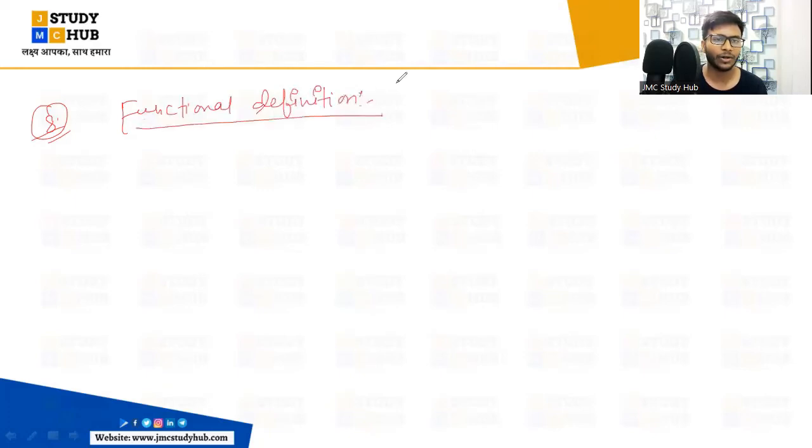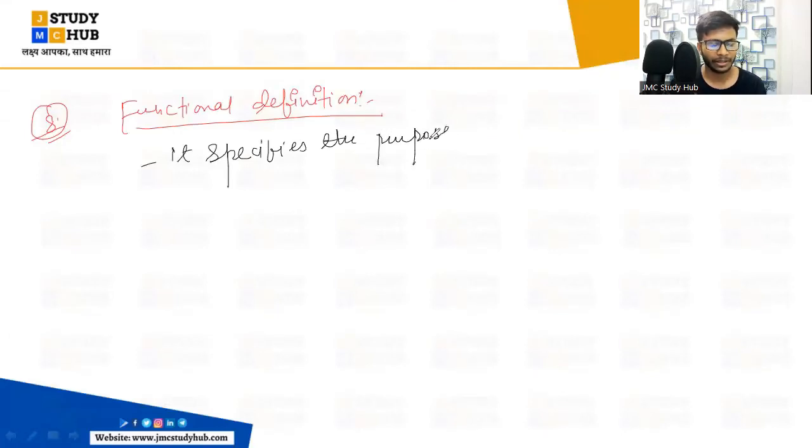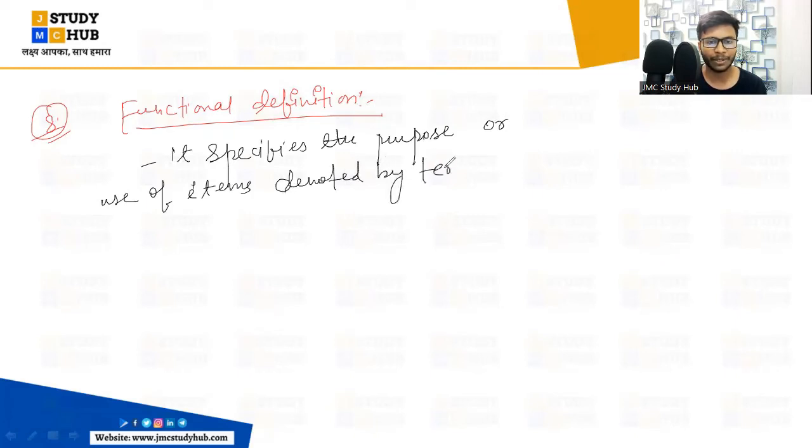Number 8 is the functional definition, where it specifies the purpose or the use of items denoted by a term. Okay, let us give an example. It specifies the purpose or the use of items denoted by a term.